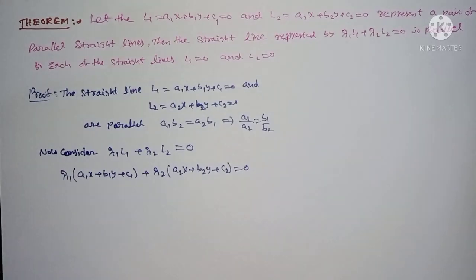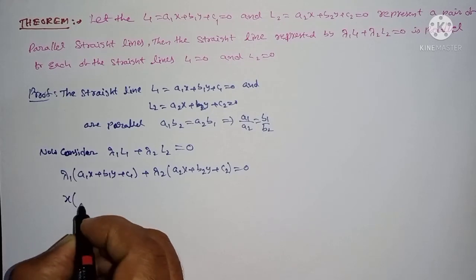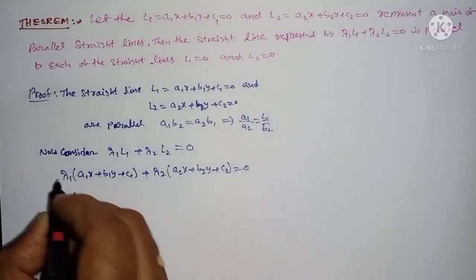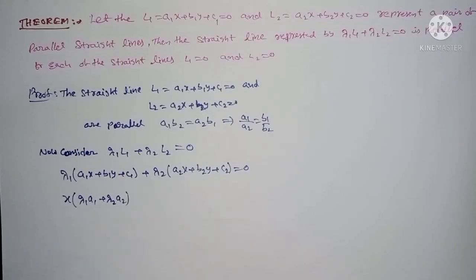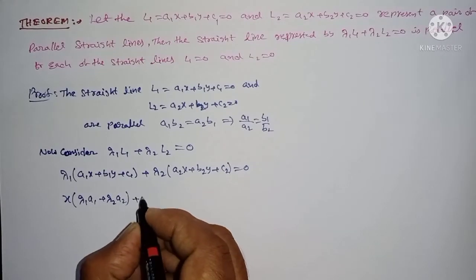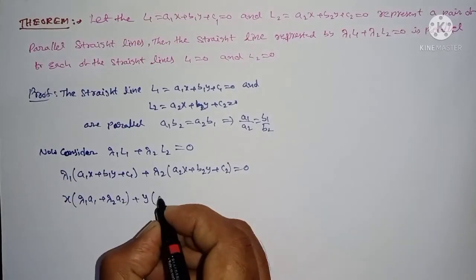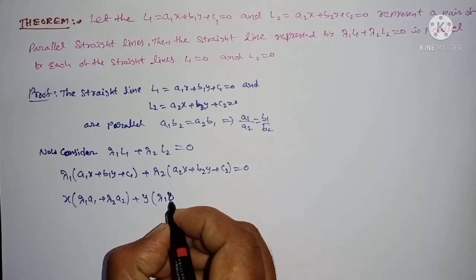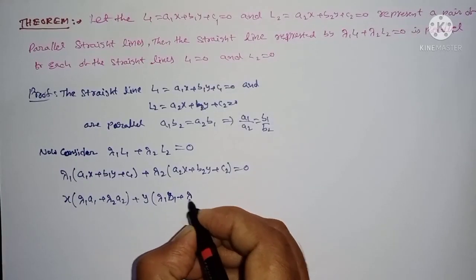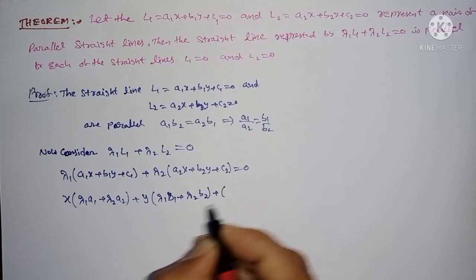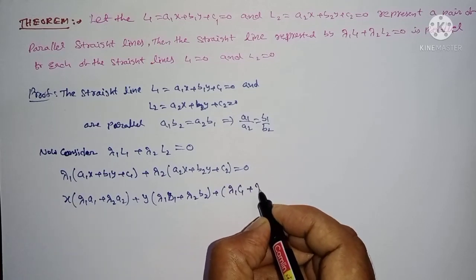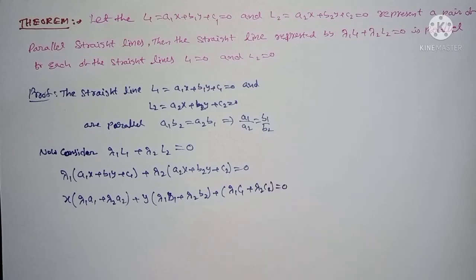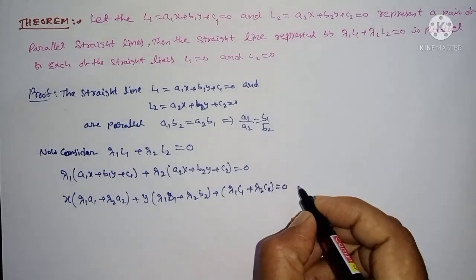I can write this in the form of x, y and a constant. Therefore x times lambda 1 a1 plus lambda 2 a2, this is the x term; y times lambda 1 b1 plus lambda 2 b2; and the last, the constant, is lambda 1 c1 plus lambda 2 c2 is equal to 0. You can call this equation number 1.